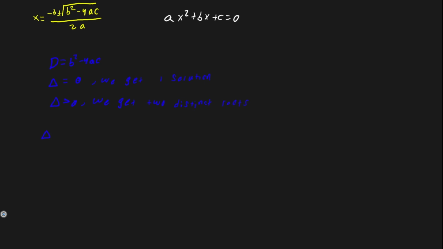And when delta is less than 0, we get two complex conjugates. So that is a quick rundown on what the discriminant is going to tell us.